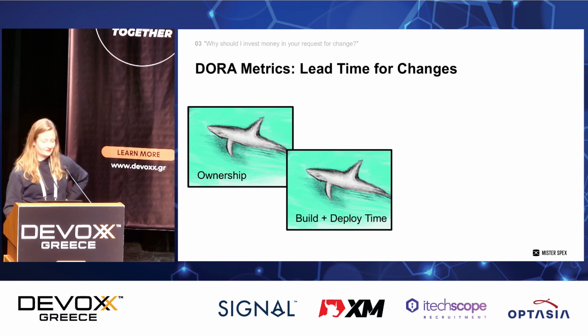More or less the same arguments come together if you have a look at the build time and the lead time for changes, because the frequency and the lead time for changes are related, but even more is happening. So if you go for the build and deploy time once again, I mentioned it in the beginning, if it's awful to deploy your stuff, you don't do it that often, means you code more till you deploy.